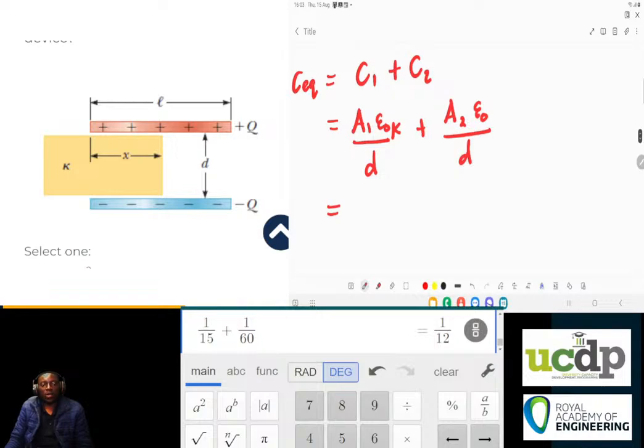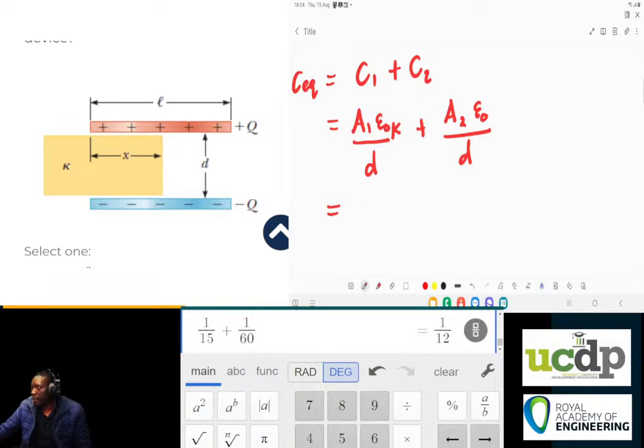What is the area of the plates covering the dielectric? We know their full length is L, but also we know that length X covers some area in the capacitor.